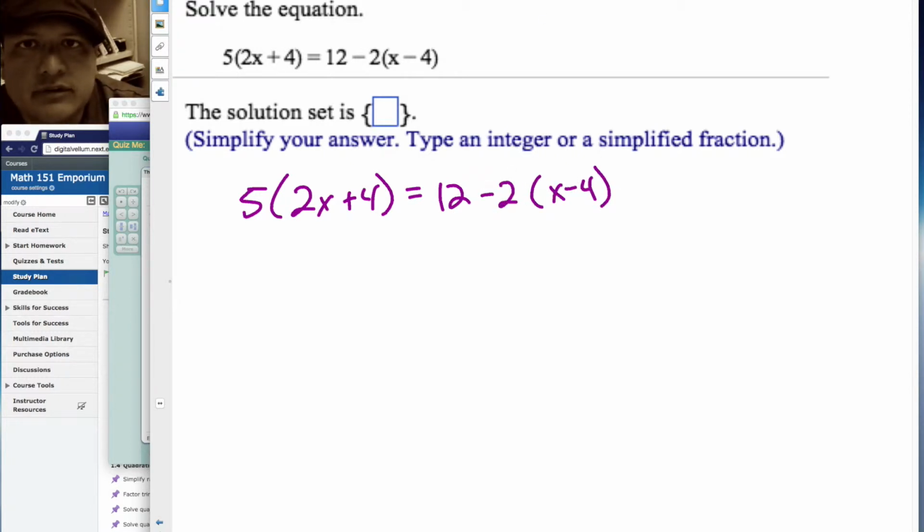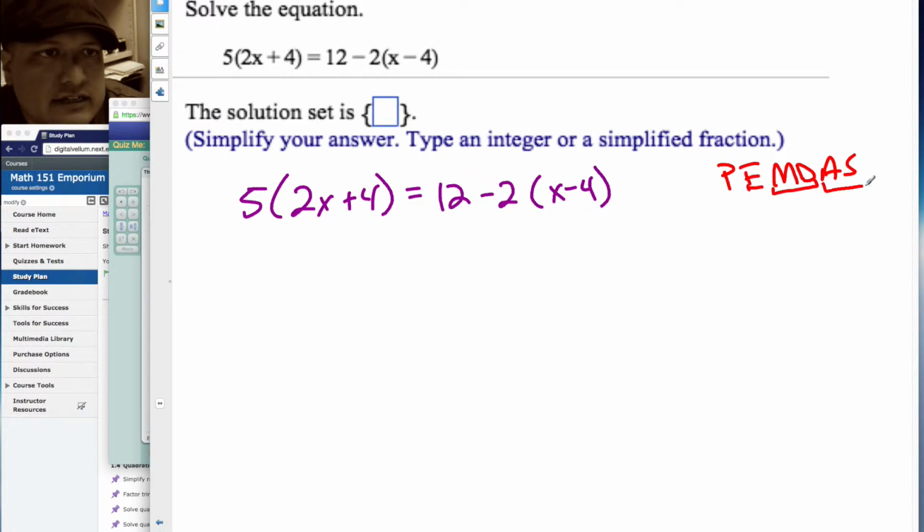Now what's important to remember here is PEMDAS. And remember, when it comes to PEMDAS, these are actually tied, and these are actually tied. So this is parentheses, exponents, multiplication, division, or addition and subtraction. So whichever one, if you see a subtraction before the addition, they're tied for priority.